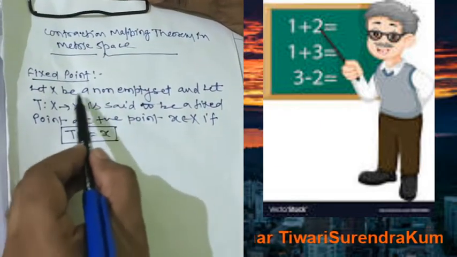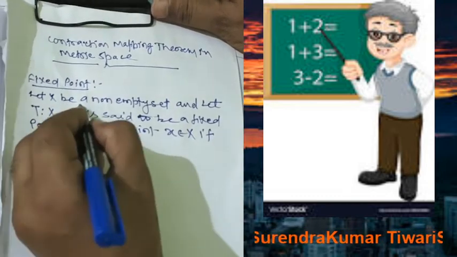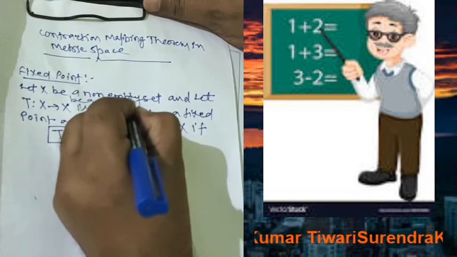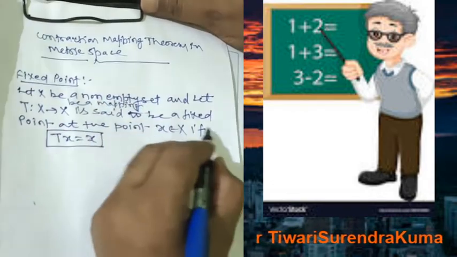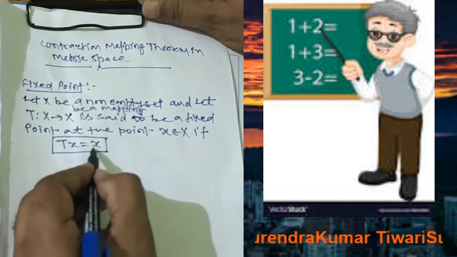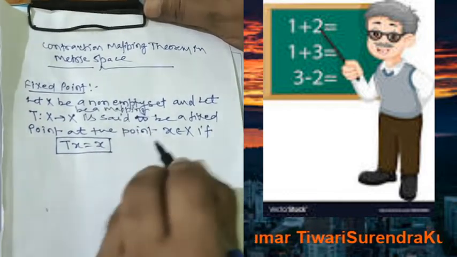Again, let X be a non-empty set and let T: X to X be a mapping. It is said to have a fixed point at the point x belonging to X if Tx is equal to x. Here x is a fixed point of T.